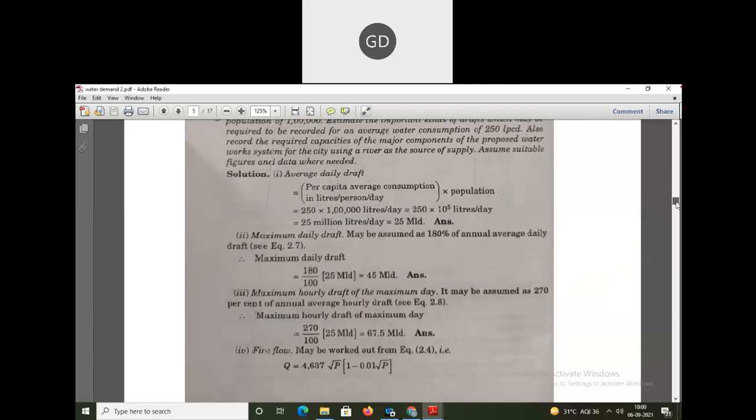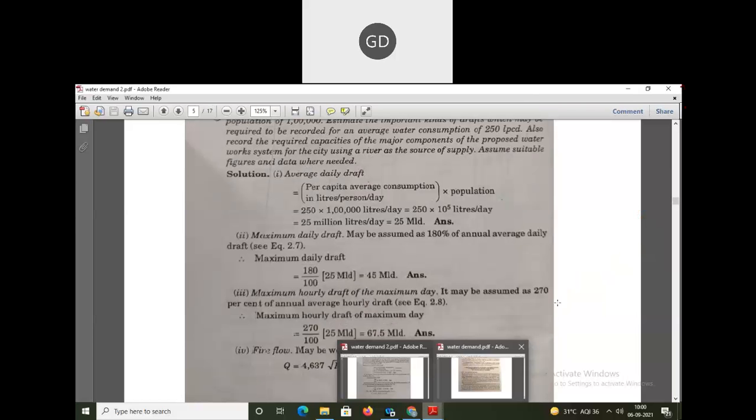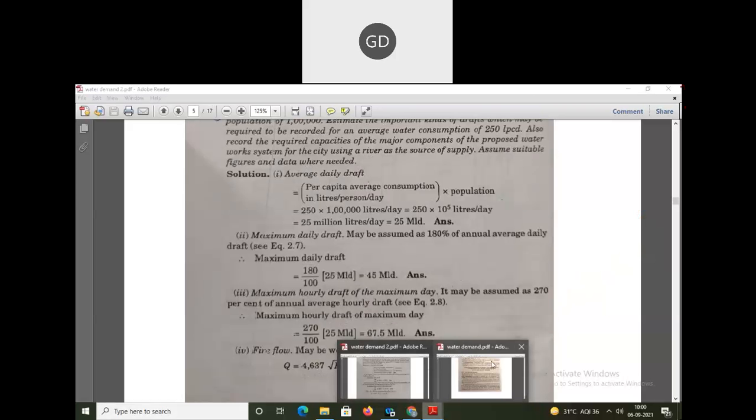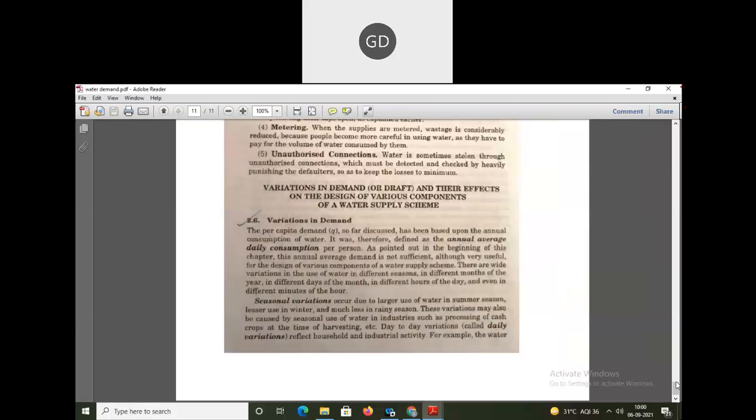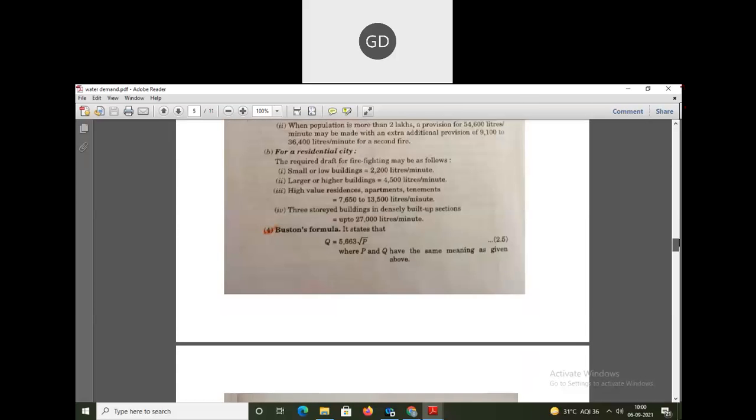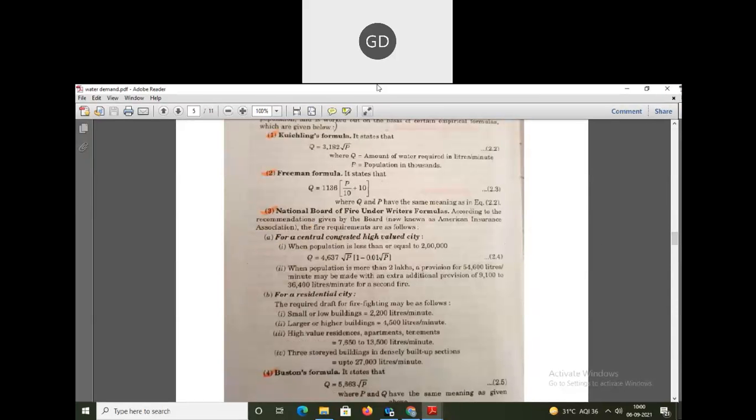So how will you find out the fire demand? Here you will be using one formula of fire demand, among all the formulas. Now I will show you. Since the population here is given as 1 lakh, you see from this equation of the National Board of Fire Underwriters formula.